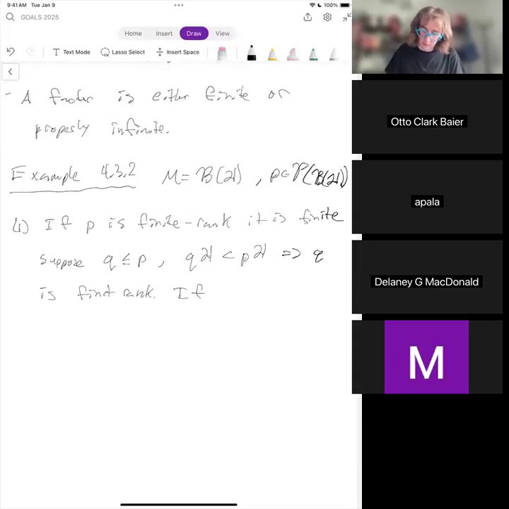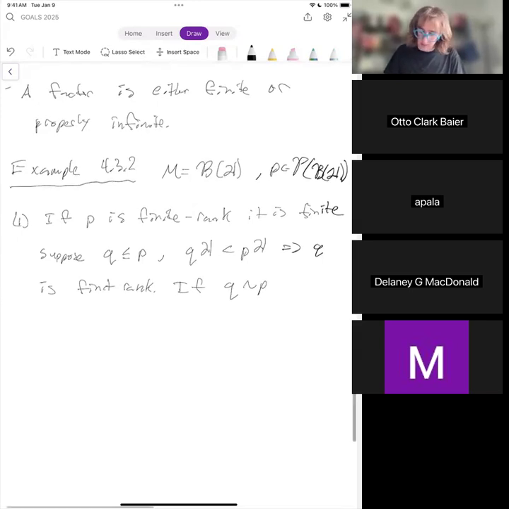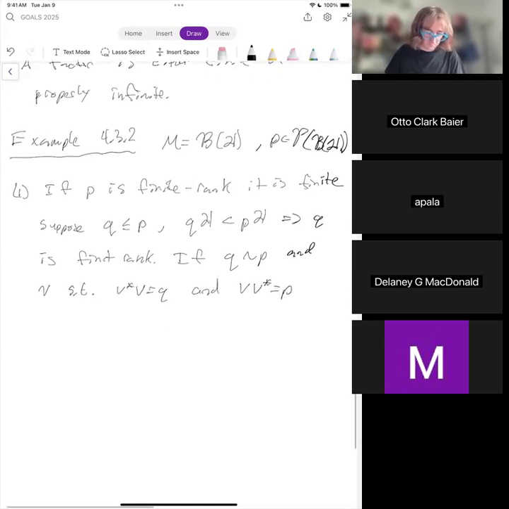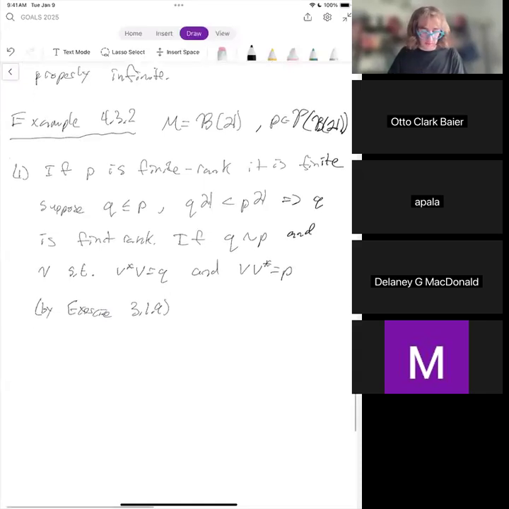If, moreover, Q is equivalent to P, and V is the partial isometry such that V*V equals P and VV* equals Q, then an earlier exercise tells you the trace of a finite rank projection is the dimension of its range.